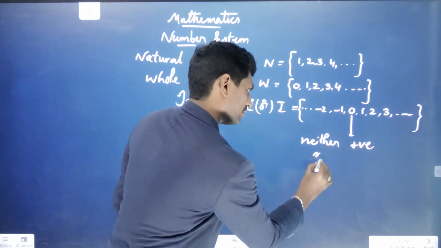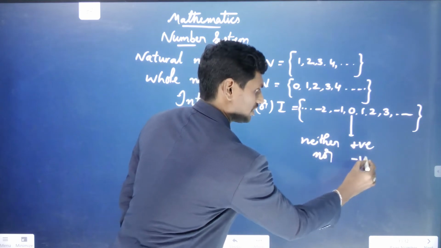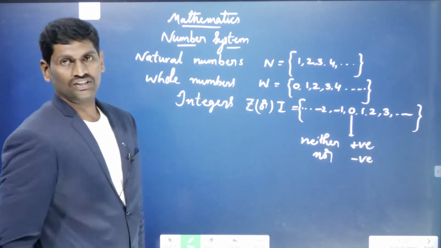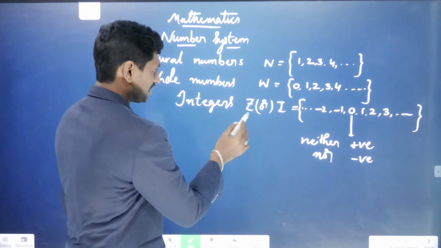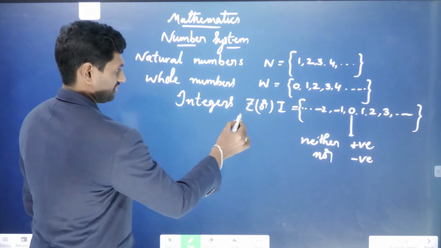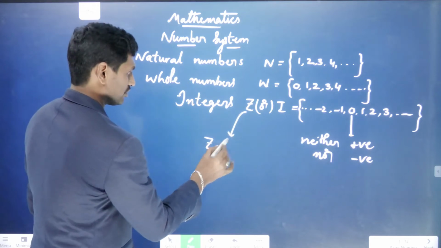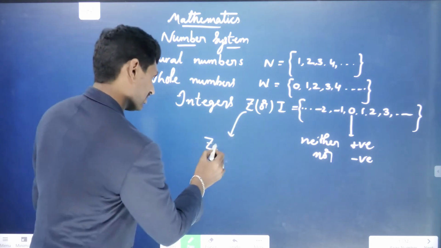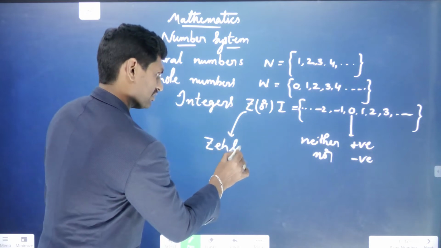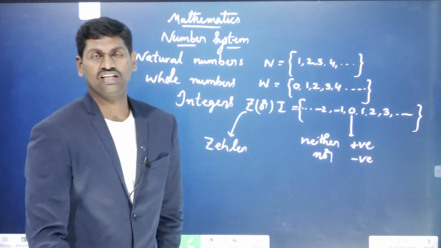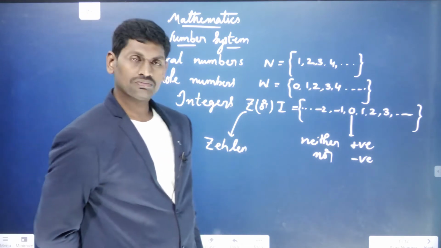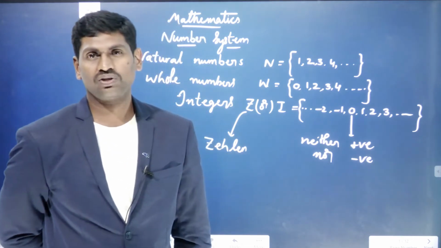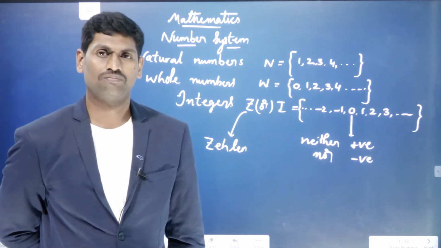These sets of numbers are called integers. The Z comes from Zahlen, a German word meaning to count, and in the international system the letter Z is used for integers. So all positive, all negative, including 0, are called integers.